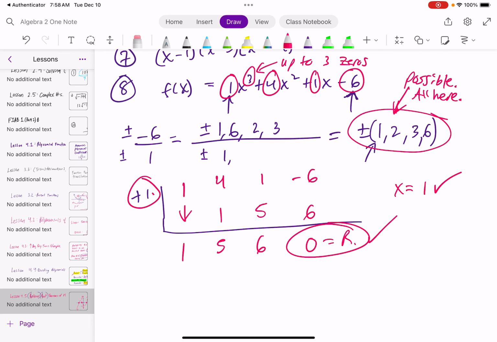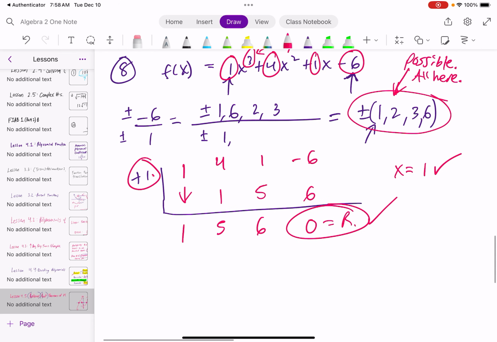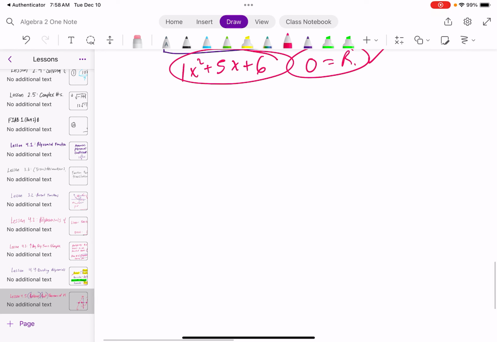From there, it gets easier because once you find 1, this is your new polynomial. It's much smaller. Instead of to the power of 3, you're going to have it to the power of 2. So now you're just working with this one, and you're trying to figure out the zeros there.